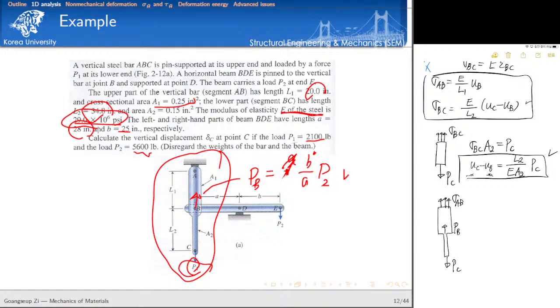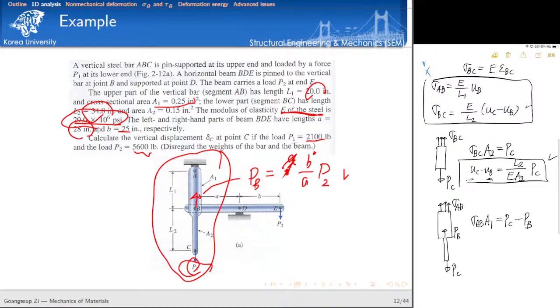The sigma AB times the cross-section area at that point is equal to PC minus PB. The calculation is really trivial. So let's plug in the information of sigma AB here and then rearrange the equation with respect to UB. That's why UB is equal to L1 over elastic modulus and cross-section area times PC minus PB.